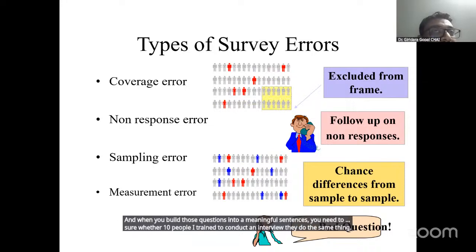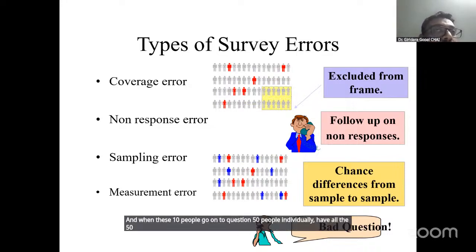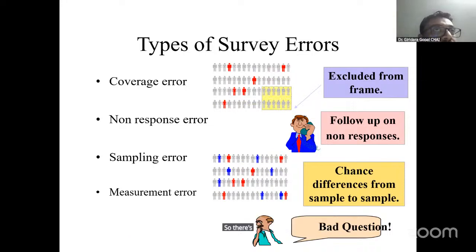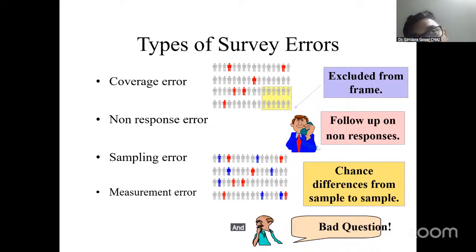And when these 10 people go on to question 50 people individually, have all the 50 people been able to comprehend what I want to measure? So there are multiple levels of things that you need to consider as a researcher, and measurement is a totally different topic.